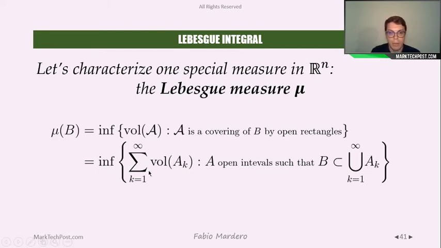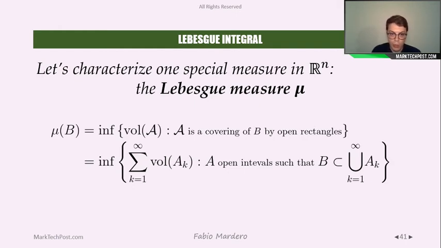The second line expresses it in a more explicit way. So we are covering the space, for example the disk, by open intervals or open rectangles.